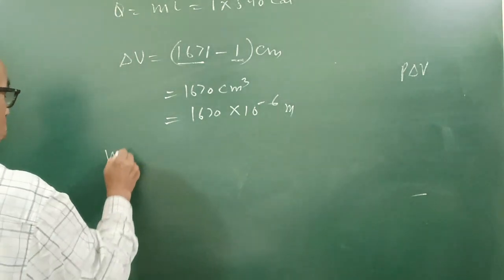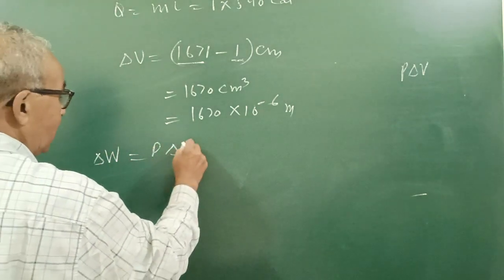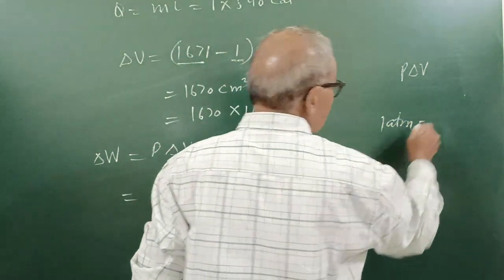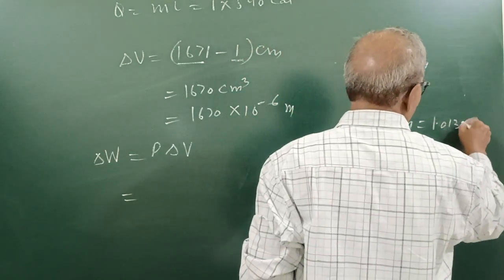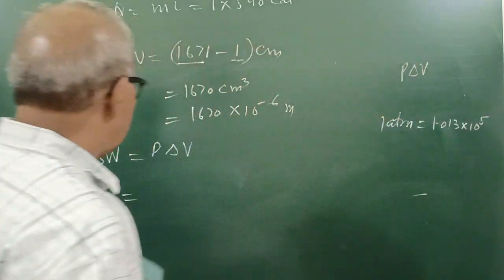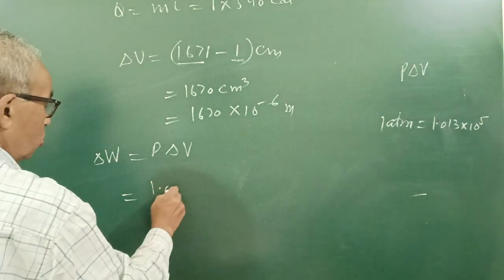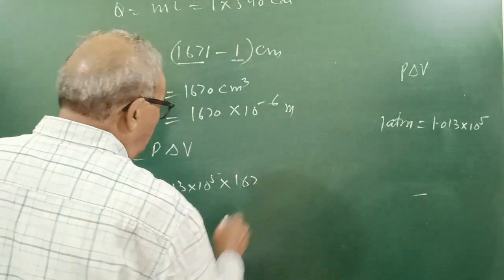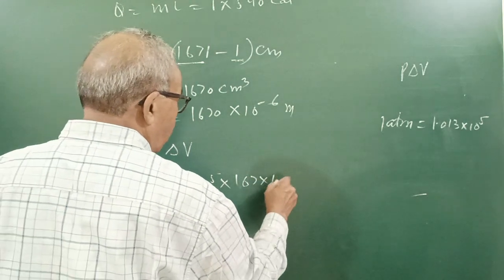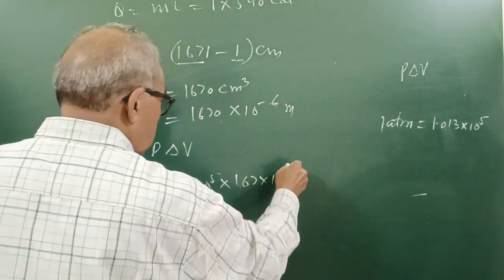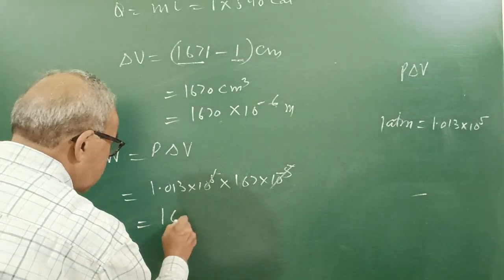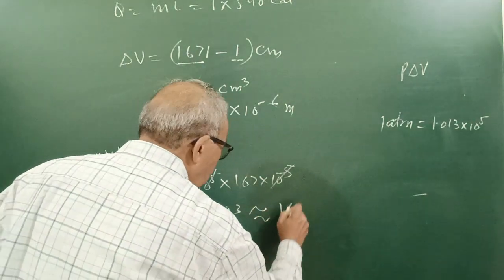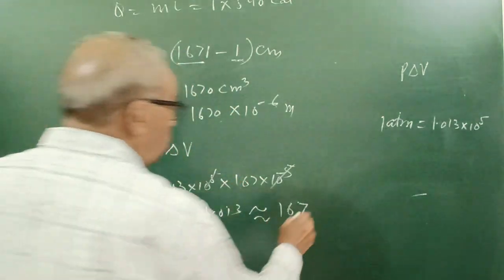So W equals P delta V, pressure 1 atm. You have to use 1.013 into 10 to power 5. So you put here 1.013 into 10 to the power 5 into 167 into 10 to the power minus 5. The powers cancel, it is 167 into 1.013. So nearly you can say it is 167 joule.